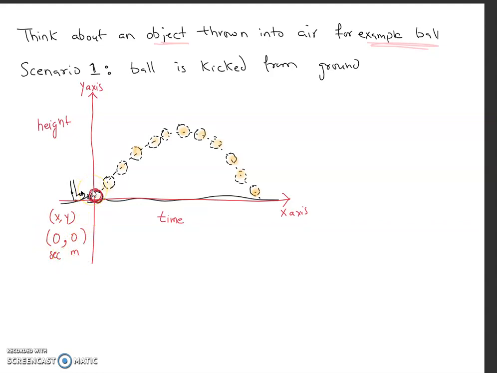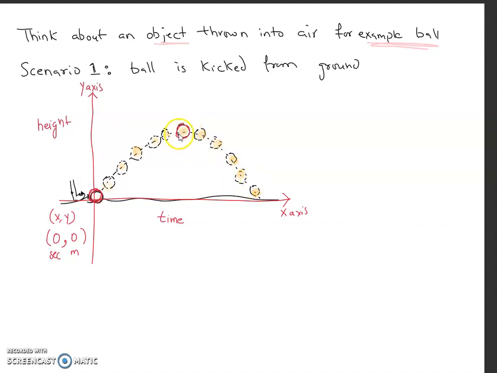The moment you hit the ball, the time starts ticking, and the height gets higher and higher. You can visualize the ball going up until it reaches its maximum height, and then it starts coming down.